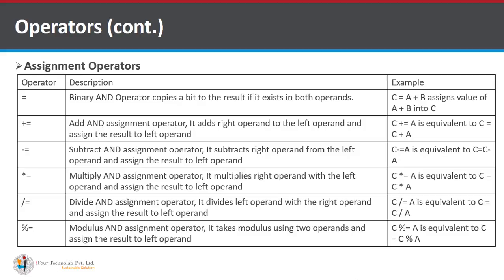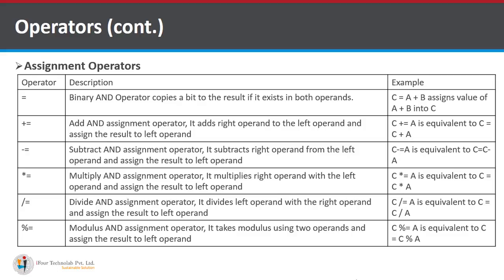Similarly, the subtract and assignment operator subtracts the right operand from the left operand and assigns the result to the left operand. C minus equal to A is equivalent to C equal to C minus A. Multiply equal to is the multiply and assignment operator. It multiplies the right operand with the left operand and assigns the result to the left operand.